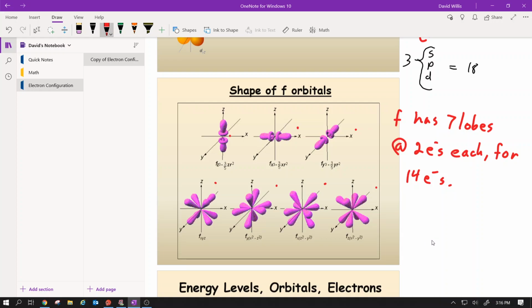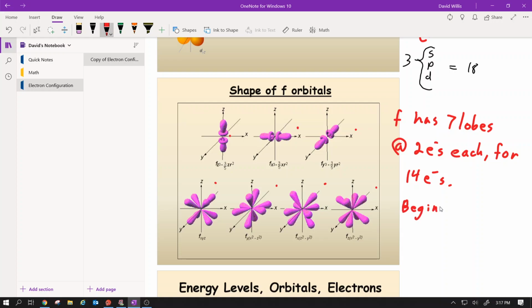The F orbital has 7 lobes and can hold 2 electrons each, like all orbitals can.